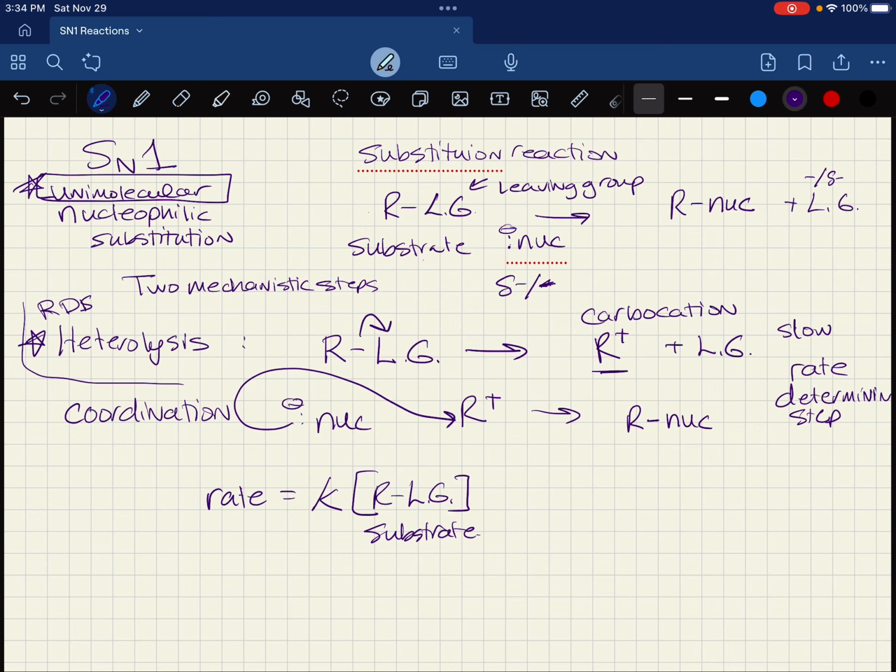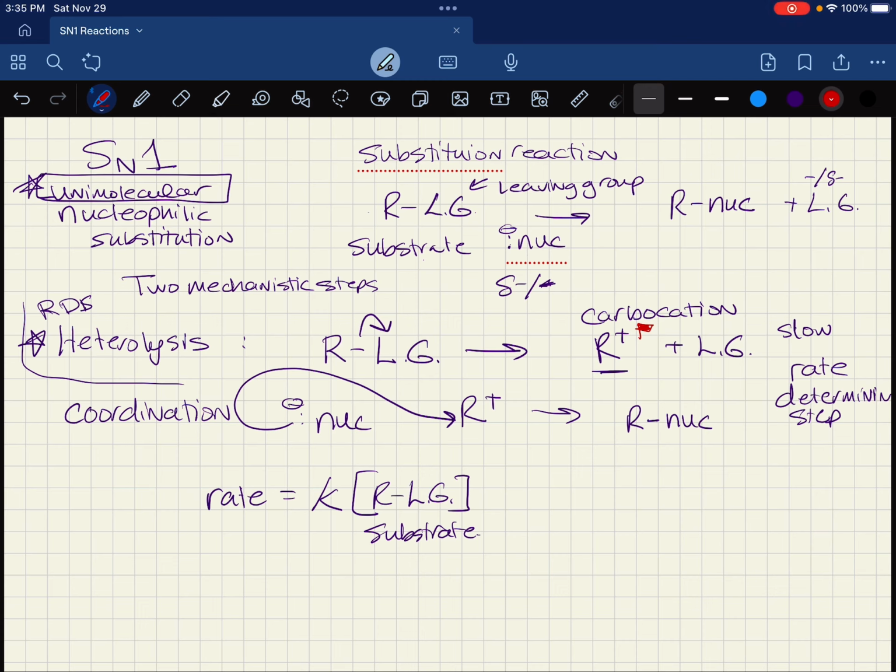Okay, so next, now that we have the mechanism itself down, let's talk about one thing that we have to be on the lookout for in terms of the SN1 mechanism, and that is this carbocation.